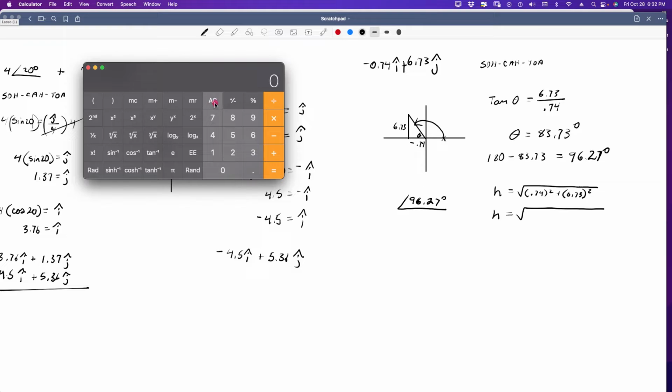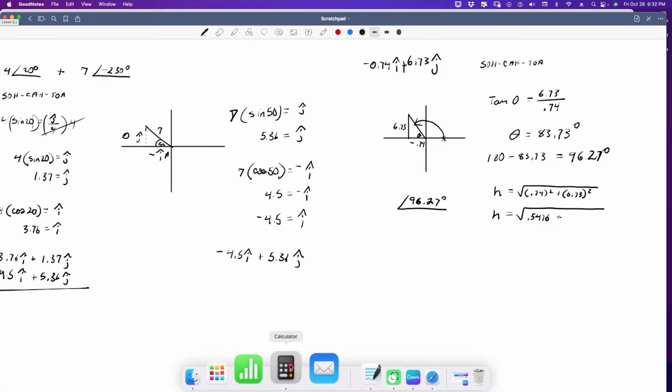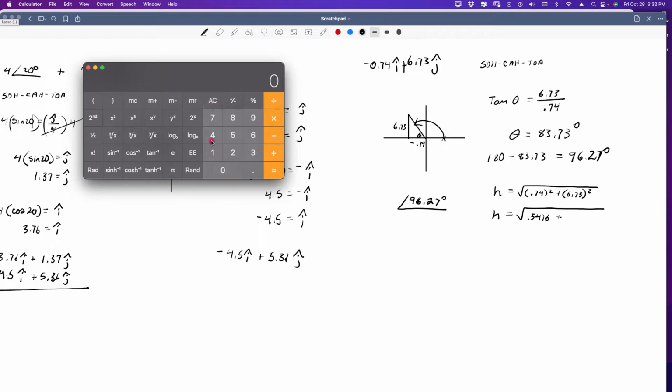And because distance can never be negative, 0.74 squared is 0.5476, plus 6.73 squared, and that's 45.2929.